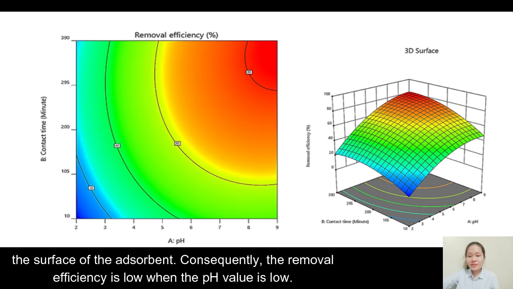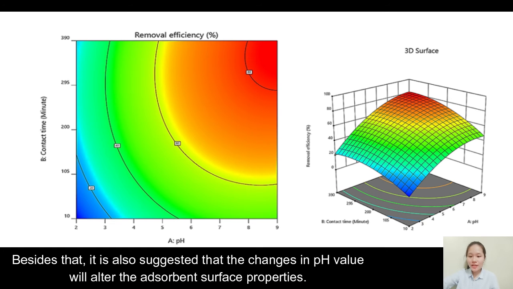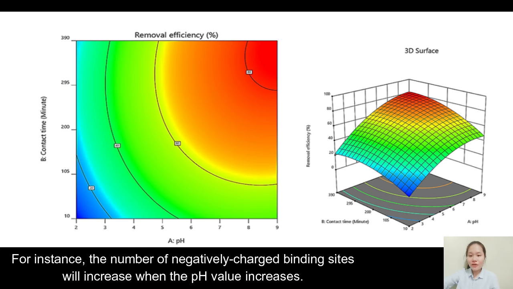Consequently, the removal efficiency is low when the pH value is low. Besides that, it is also suggested that the changes in pH value will alter the adsorbent surface properties. For instance, the number of negatively charged binding sites will increase when the pH value increases.